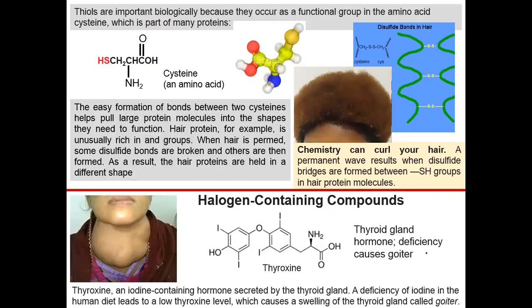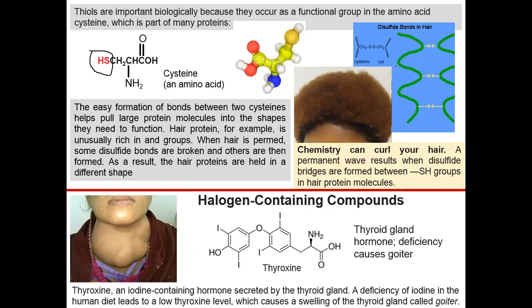Also, by the way, thiols and sulfides, right? We talked about thiols and sulfides. Interesting thing is that cysteine, for example, which contains thiol, this is just for information, just to know about this. This is an amino acid, one of the amino acids. It contains thiol, and this is in charge of why we have curly hair.